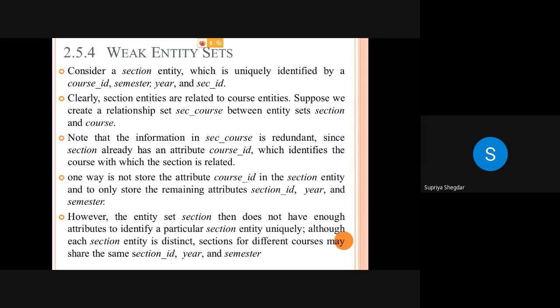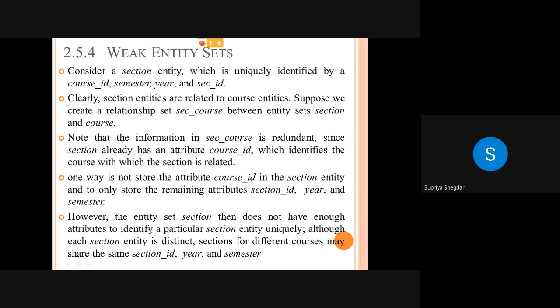Now the information in section-course is redundant, because the section already has the attribute course ID, which identifies the course with which the section is related. Here the course ID attribute is the redundant attribute. This course ID attribute is present in the section entity, and it is also present in the course entity, where the course ID is the primary key.